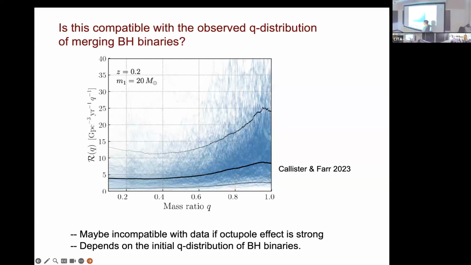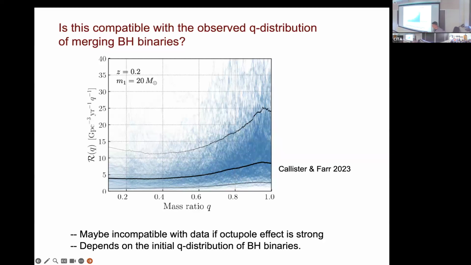You can see there is no peak at low mass ratio. So maybe this has already ruled out tertiary-induced mergers in the galaxy.